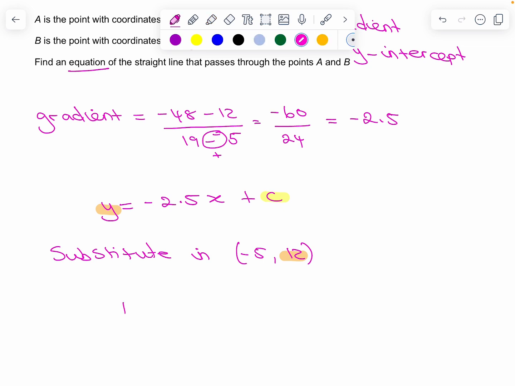So I'm going to write 12 equals minus 2.5 times x. Wherever I see x, I'm going to replace it with minus 5. So minus 2.5 times minus 5 plus c.